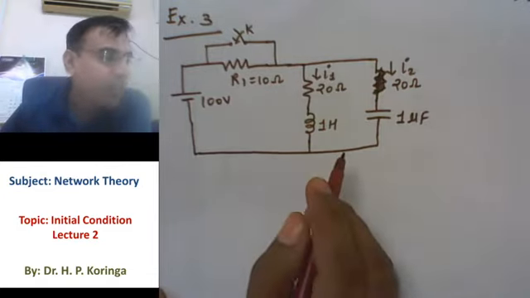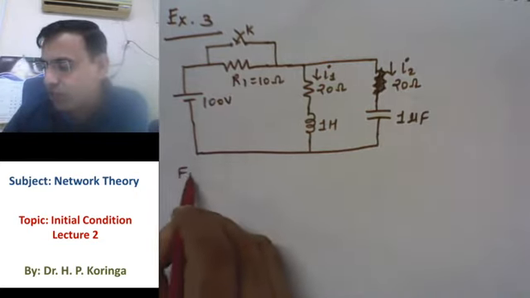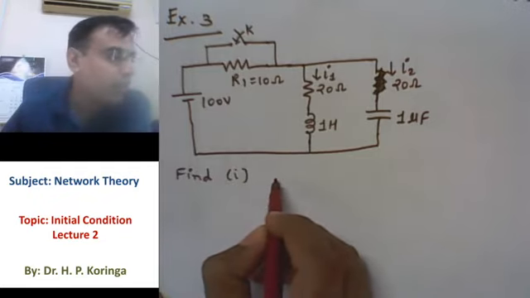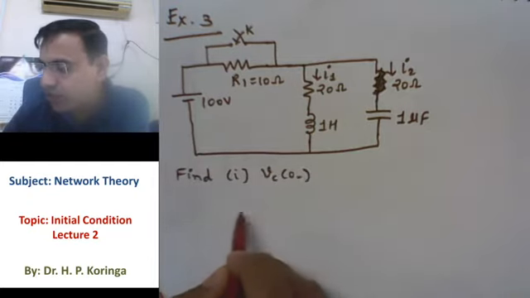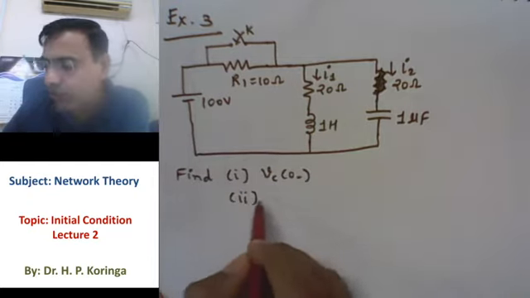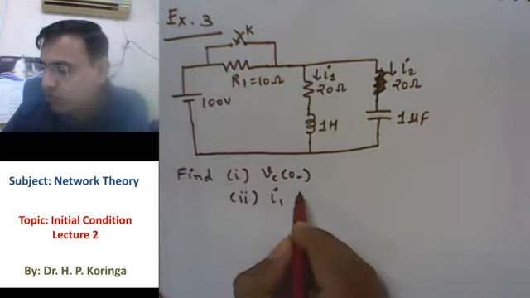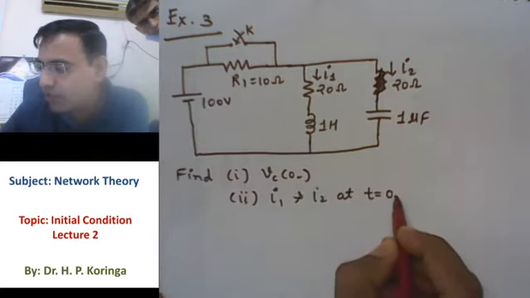So I1 and I2. Now the question is to find, first, the voltage across the capacitor at t is equal to 0 minus. Second, we have to find I1 and I2 at t is equal to 0 plus time.